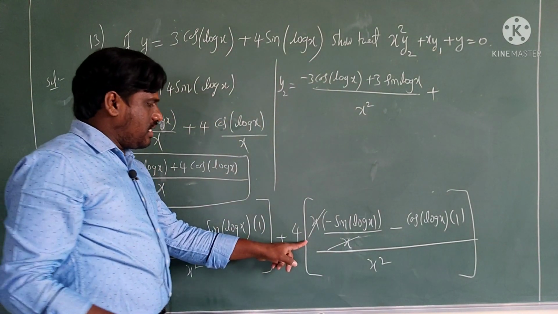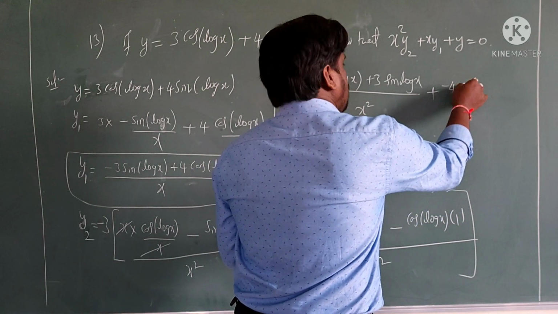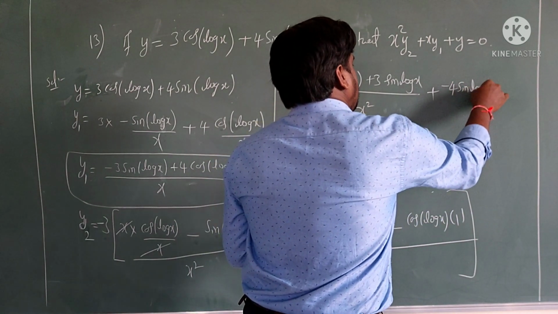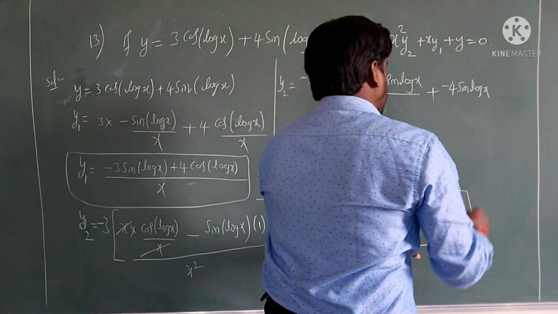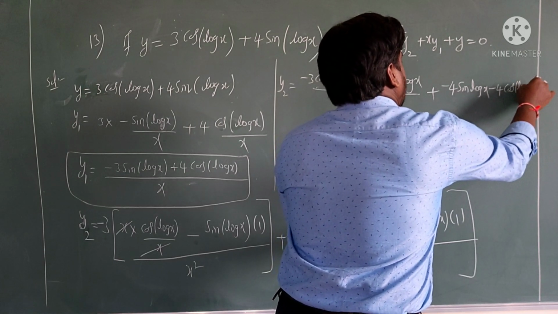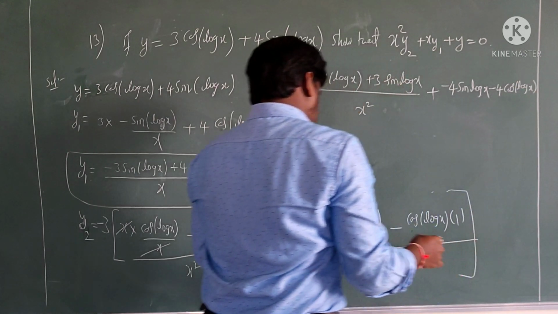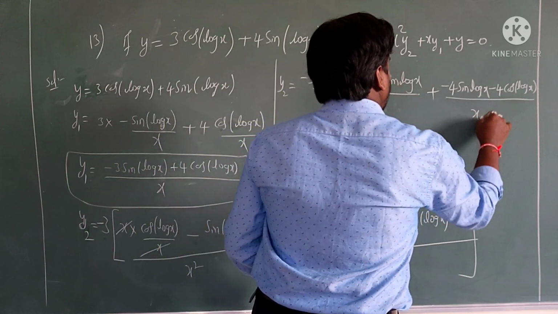Plus, what am I going to get here? Minus 4 sin log x, and here I am going to get minus 4 cos log x, and the whole divided by x squared. So this is what I am getting.